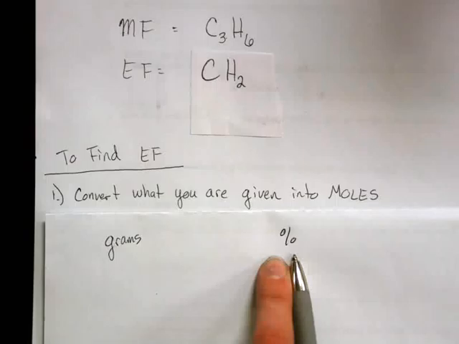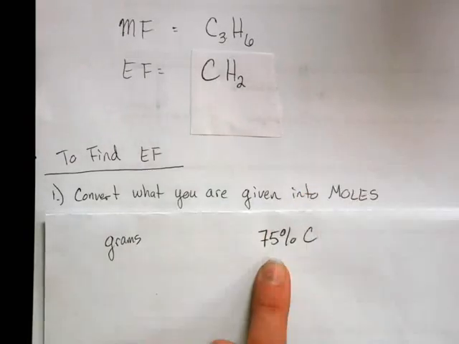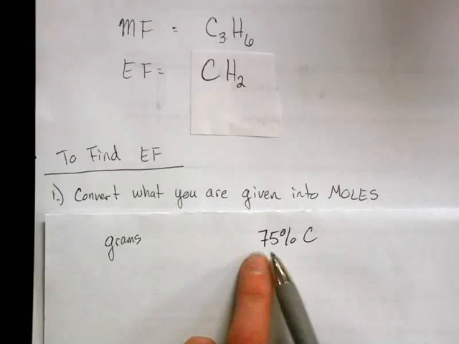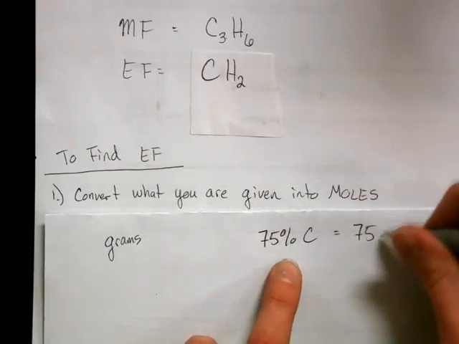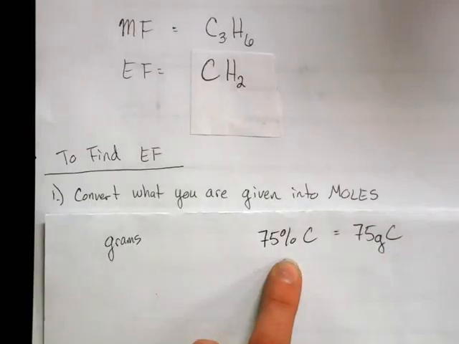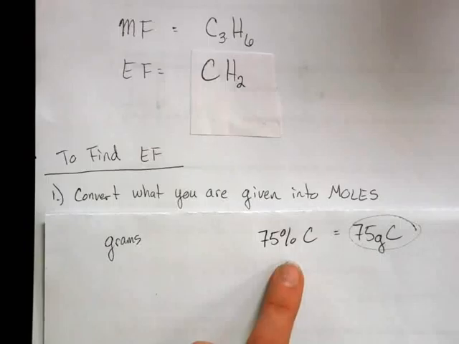In this case, your percent number, so for example, 75% of carbon, is the exact same as your number of grams. So if I have 75%, it means I have 75 grams of carbon. It is the exact same number. We need grams in order to go into moles.